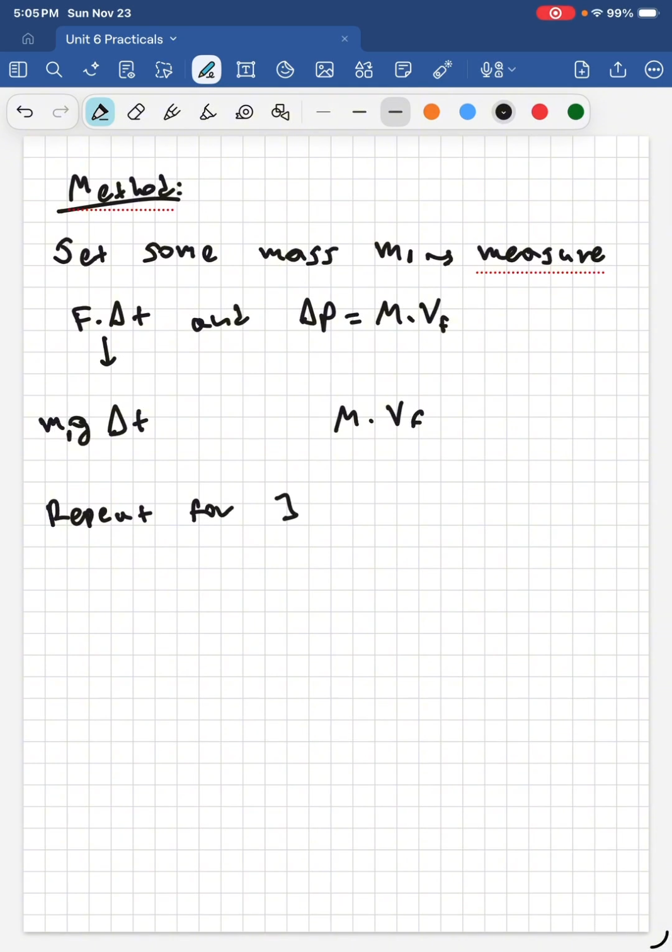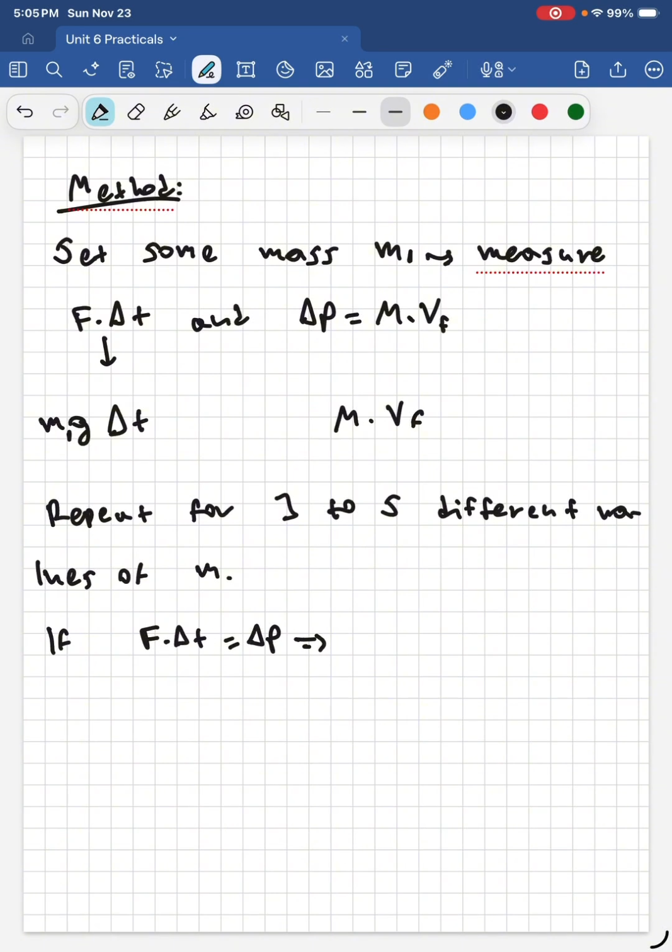for 3 to 5 different values of m. Okay, so recall that if this works, if F times delta t is equal to delta p, this means that m times g times delta t is equal to M times v.